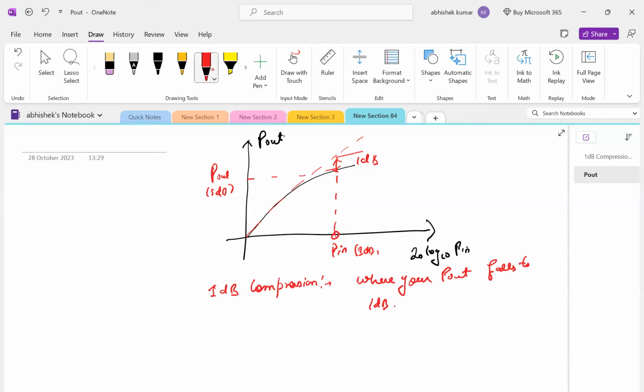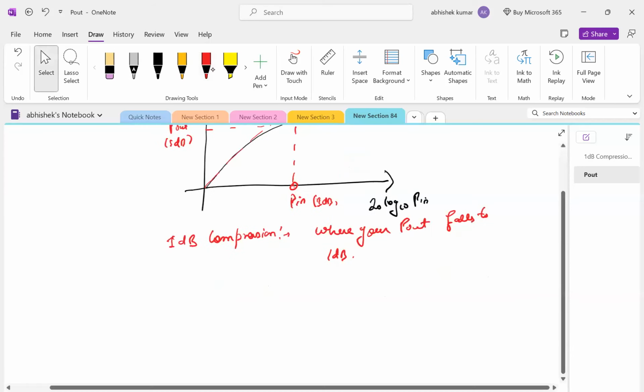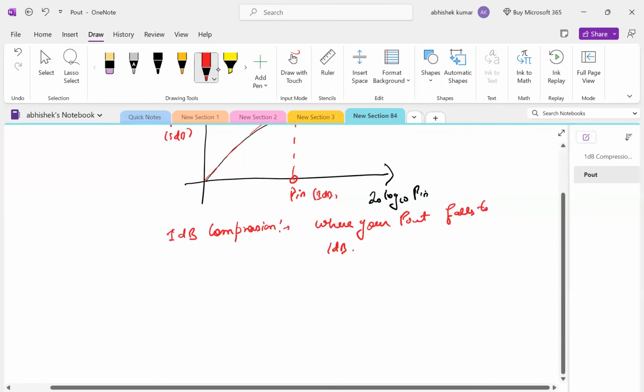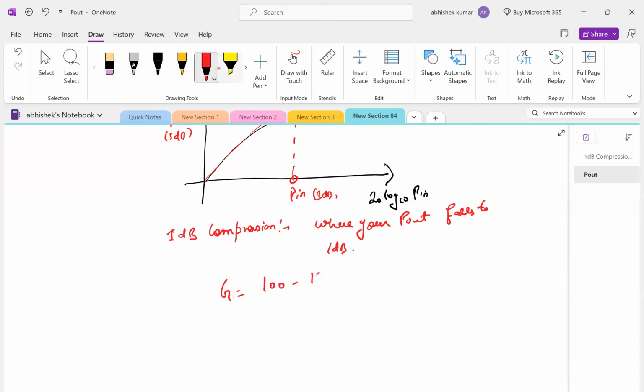Okay. So basically in your slides, they have given that your gain is 100 minus 1200 P in plus 306 P in square.